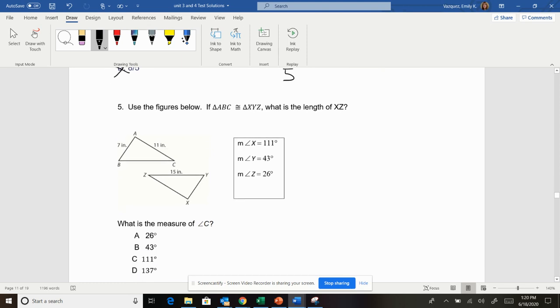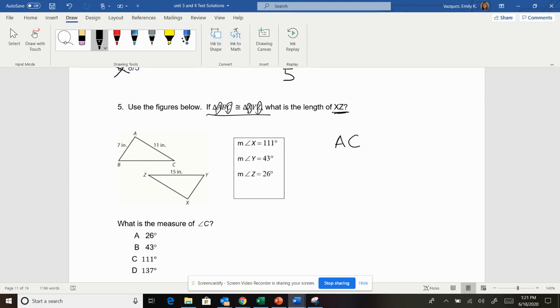Number 5, you're given a statement and you're given angle measurements, so you just need to pay attention to the location of each of these letters. This particular question is asking, what is the length of XZ? X and Z happen to be the first and third letter, so I'm going to compare that to the first and third letter in my statement, which happens to be AC.